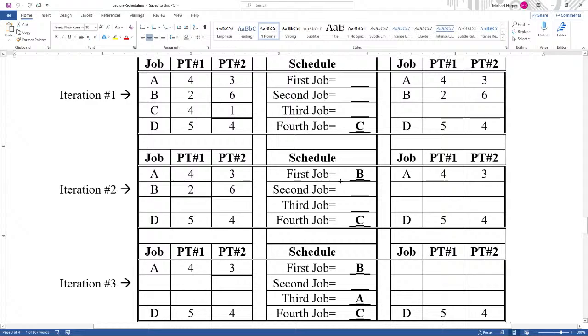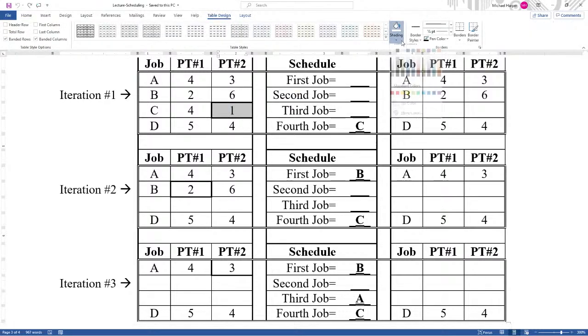The second thing I want to point out is the concept that's illustrated here behind Johnson's rule. First of all, notice the smaller jobs, let me shade this in, the smaller jobs are on the last server.